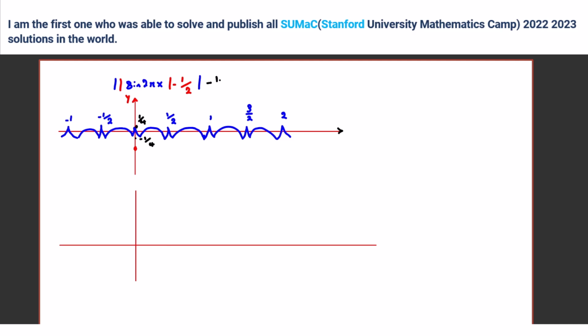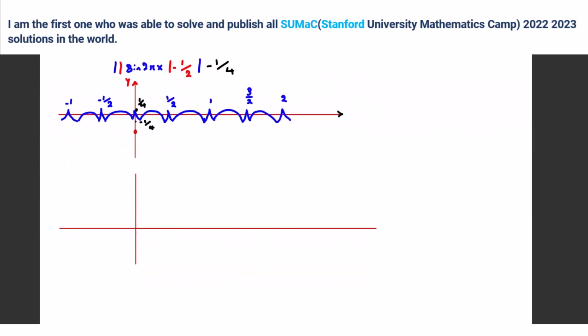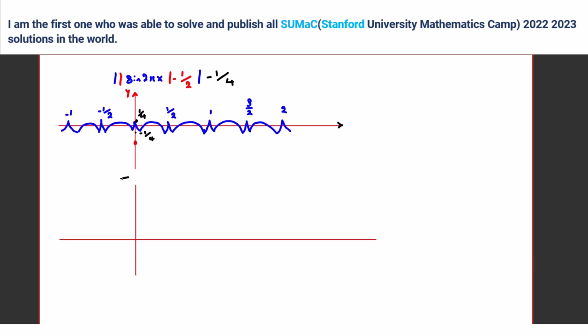And now we consider this one minus 1/4, and then the absolute value of that, which is what? Let's consider this one y1, this one x1. Okay, so let's call this one h of x. And we should multiply it also by 4, right? Yeah. So 4 times h of x means consider absolute value of this and multiply by 4. So it would be what?